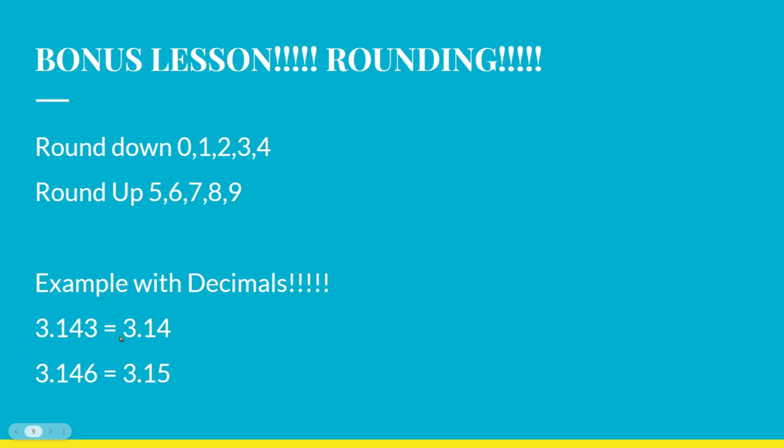If we were rounding down to the very first place, all of these numbers would be 3, because 3.15 we would round up to 3.2, but then that would round down to 3. Hopefully that made some sense.